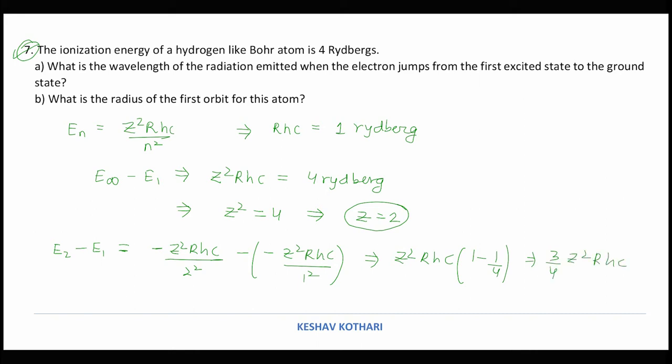So from here I can say that Z square RHc is equal to 4 Rydberg. So Z square RHc can be substituted to be 4 Rydberg, and we will obtain the expression 3 by 4 into 4 Rydberg. So we obtain it as equivalent to 3 Rydberg.